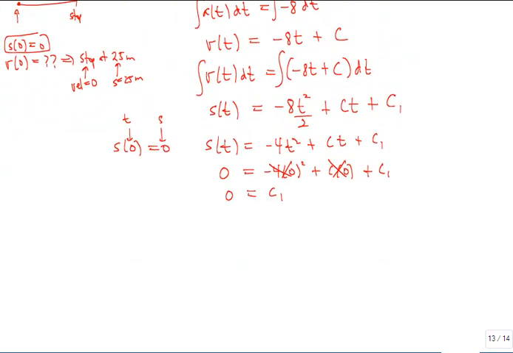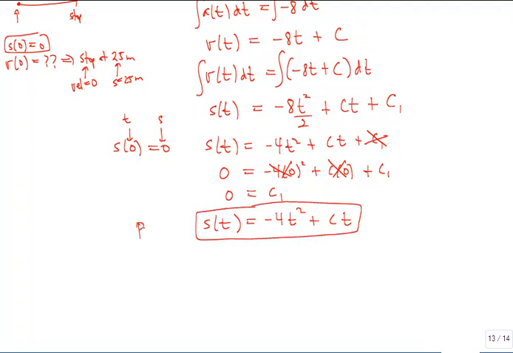So that's good news because that eliminates at least one of my c's. So my position function is -4t squared plus ct, and then this just goes away. So there's my position function, and this was my velocity function.